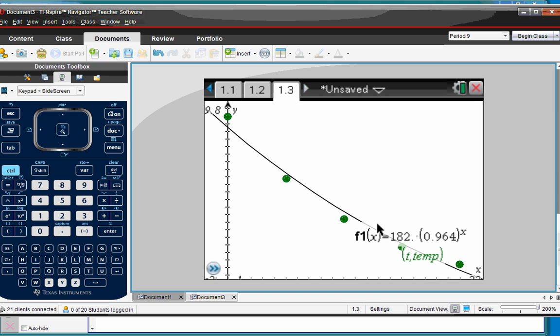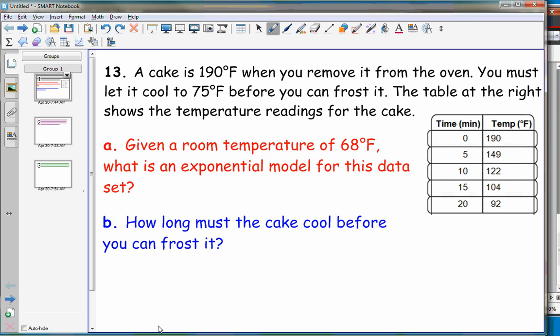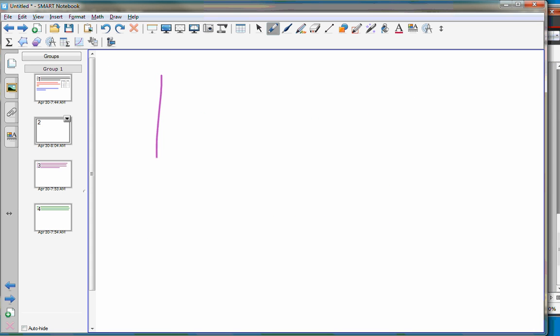Well, let's think about that for a minute. The x-axis, right? So the x-axis is my asymptote.